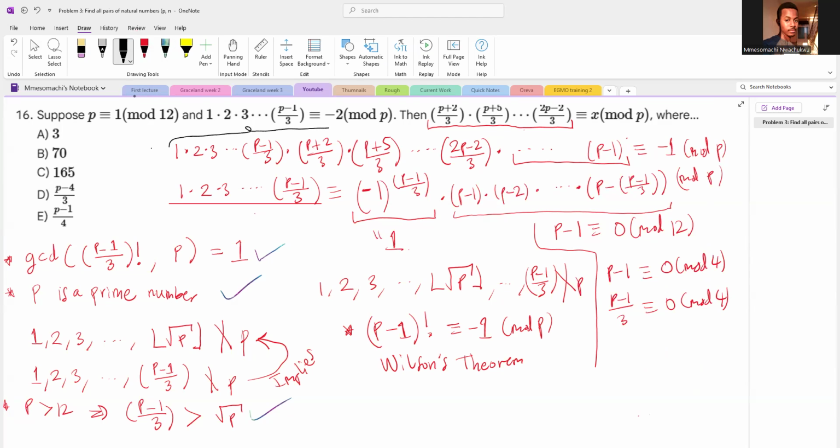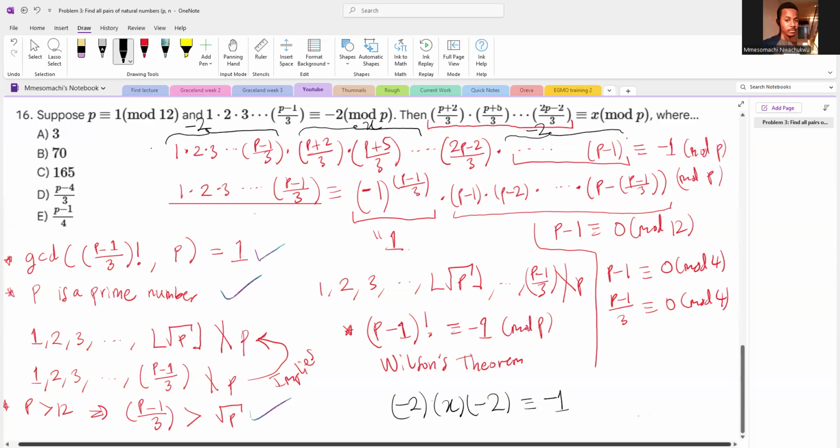This first part is congruent to minus 2. This last part is also congruent to minus 2. And then this middle part is congruent to x. So basically we have minus 2 times x times minus 2 is congruent to minus 1 mod P.